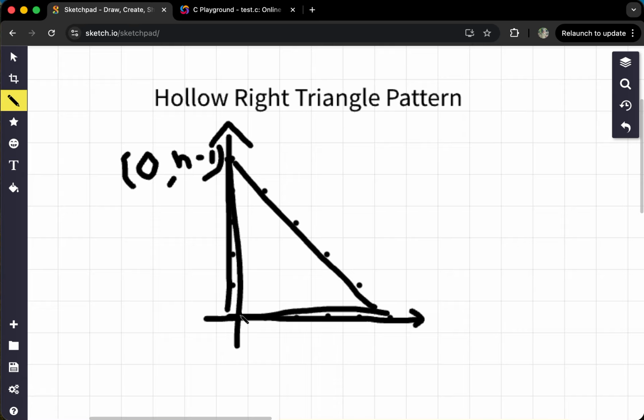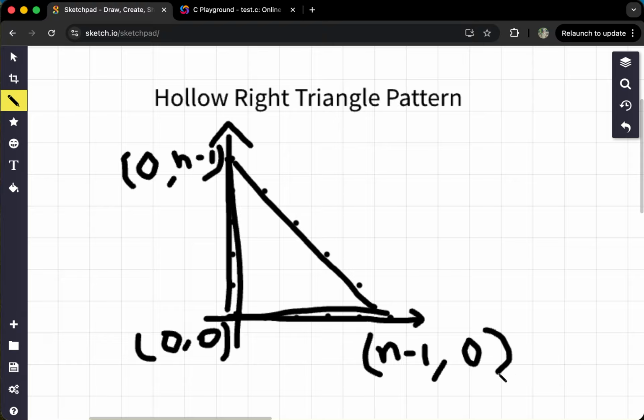And this coordinate is origin, so we can represent by 0, 0. And coming to the third point, this coordinate here, y will be 0 and x will be n minus 1. So let's note it down. So these are the coordinates.